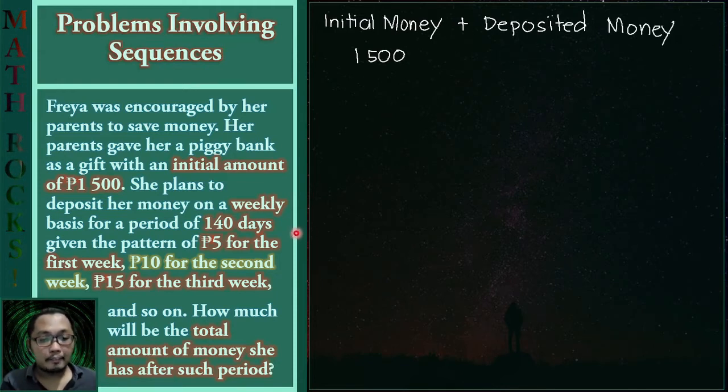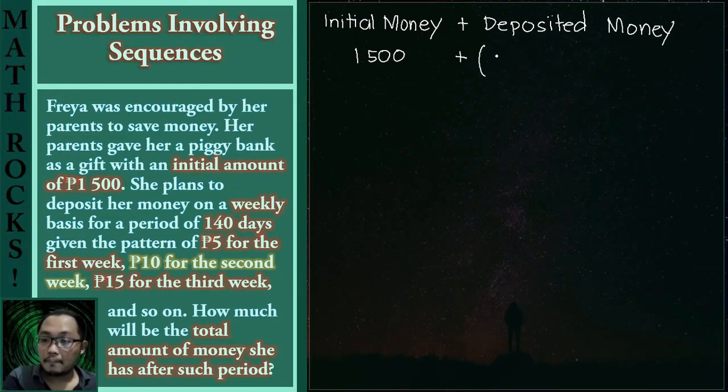It was stated in the problem that it goes with a pattern such as 5 pesos for the first week, 10 pesos for the second week, 15 pesos for the third week, and such pattern continues. Let us try to write such information here. So 5 for the first week, 10 for the second, and 15 for the third.